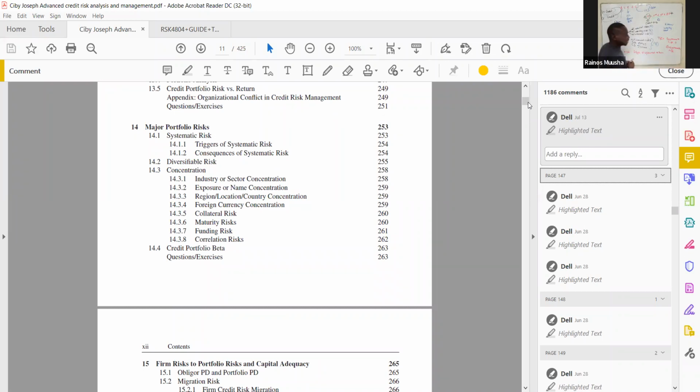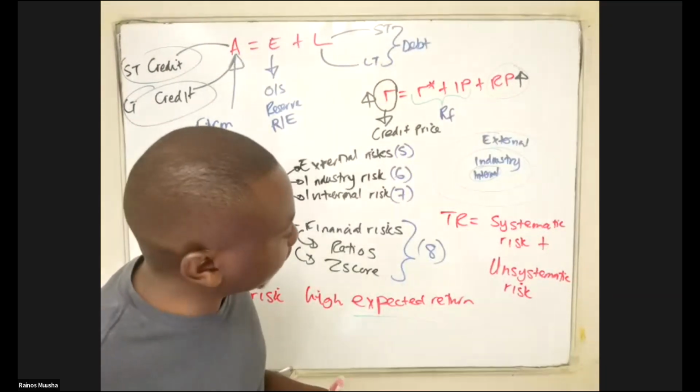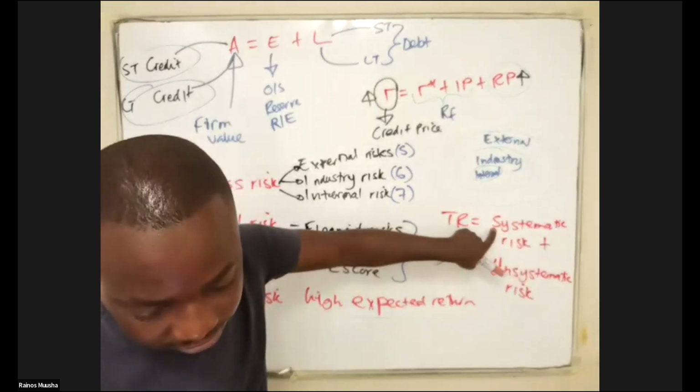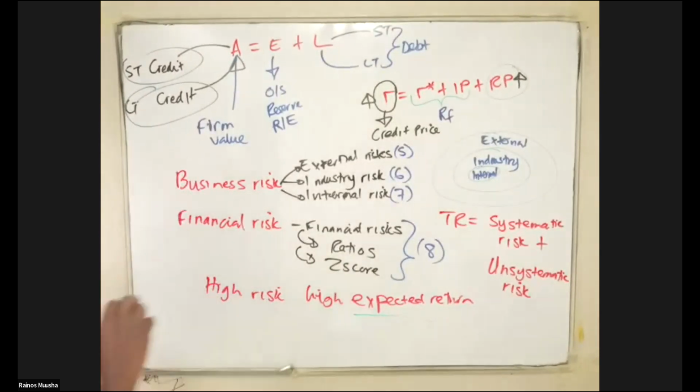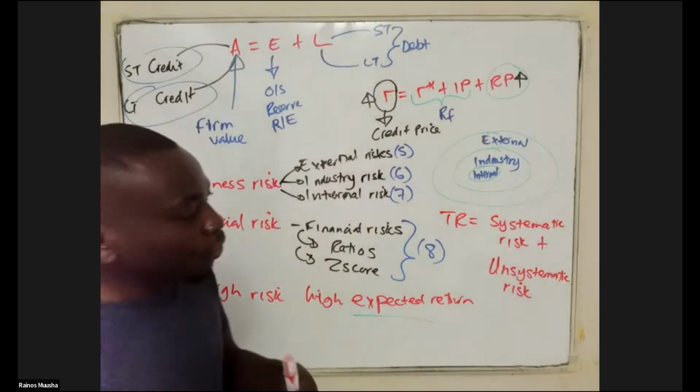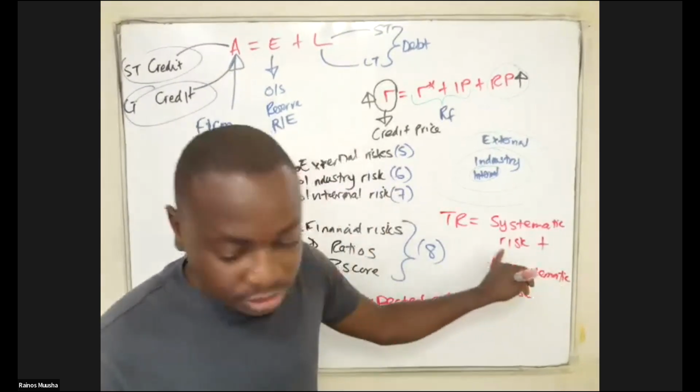Now, we say your total risk is made up of your systematic risk and unsystematic risk. So you need to have an understanding of exactly what makes up your systematic risk.